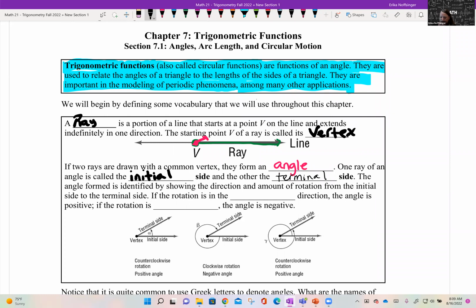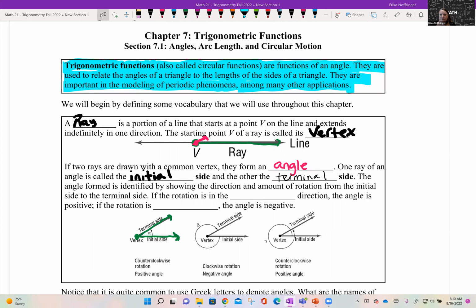So we're starting here. This is our vertex. We have this initial side on the bottom, and normally we'll put it horizontally like that, and we'll put it on the Cartesian plane, actually on the x-axis, positive direction, but it can be other places. Normally this is the initial side, and then if we take this and swipe it up, we get to the terminal side.